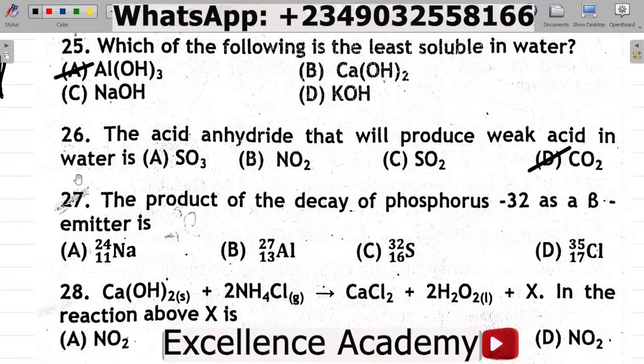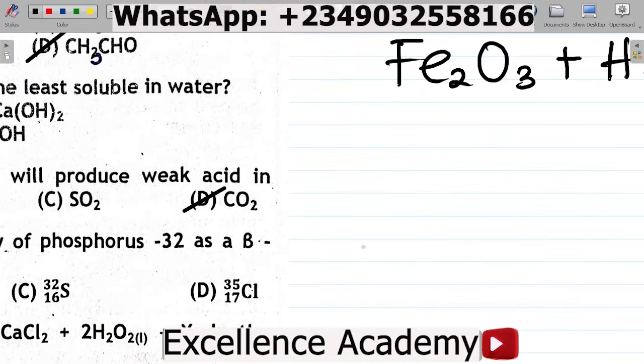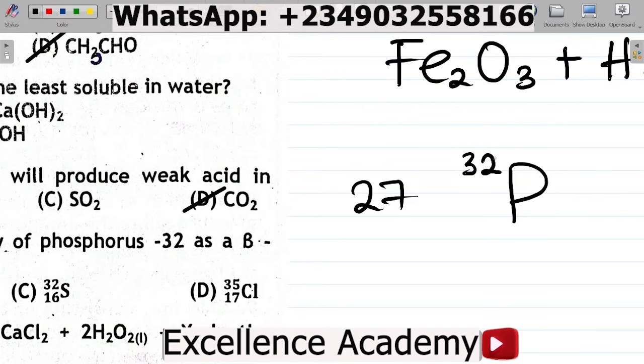Next up, question number 27. The product of the decay of phosphorus-32 as a beta emitter is... First, when they say phosphorus-32, 32 is the mass number, and phosphorus is P. From the table of elements, phosphorus has atomic number 15.